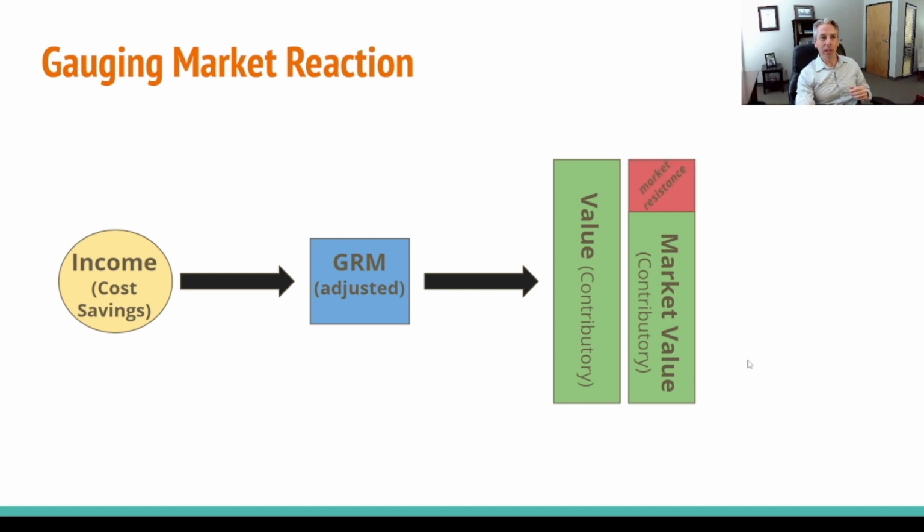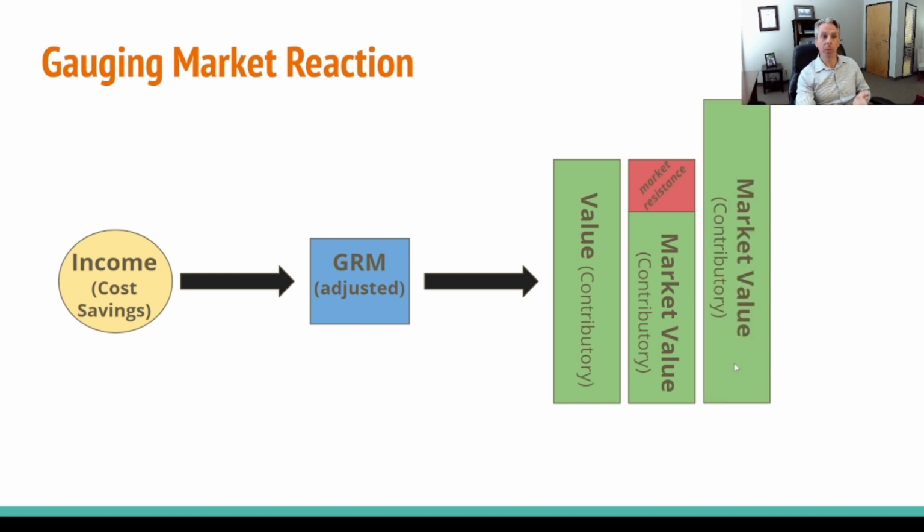That would tell us that we've got some market resistance, the difference between the market value that you're observing from an actual sale and what it should be based on the income approach, that adjusted GRM. They're different. So that might be market resistance, or you might observe the opposite, that the actual market contributory value is higher, meaning that you've got a market preference.